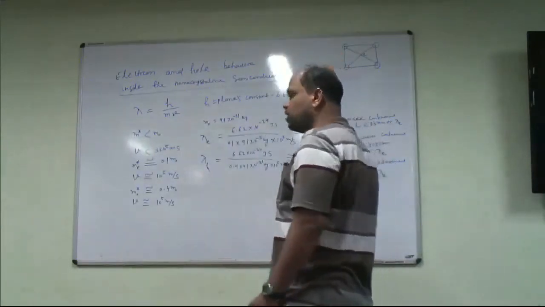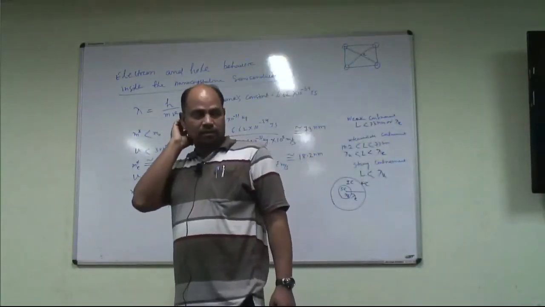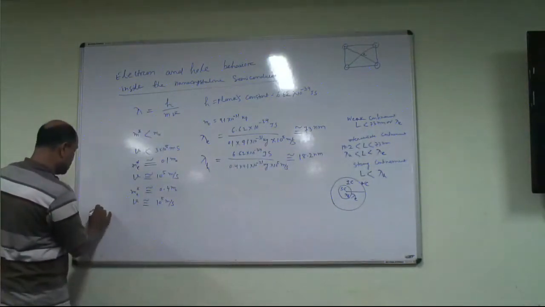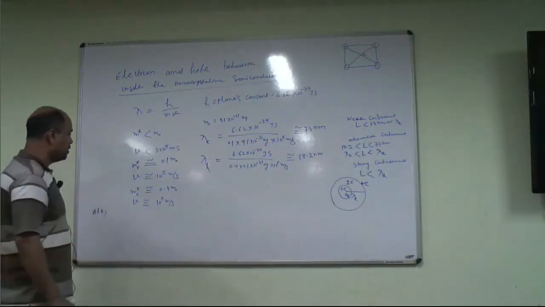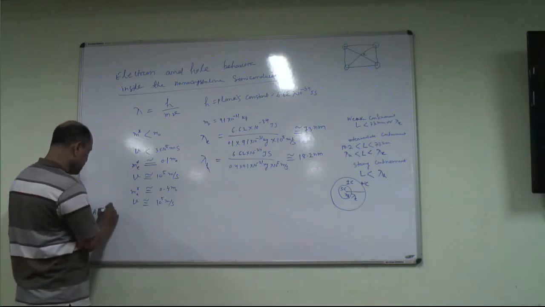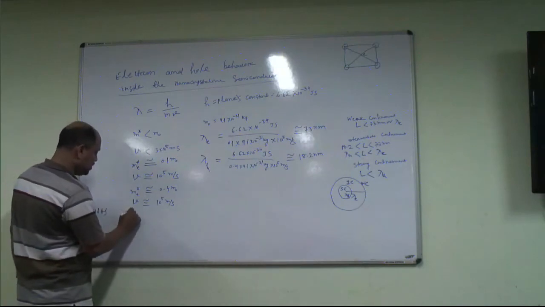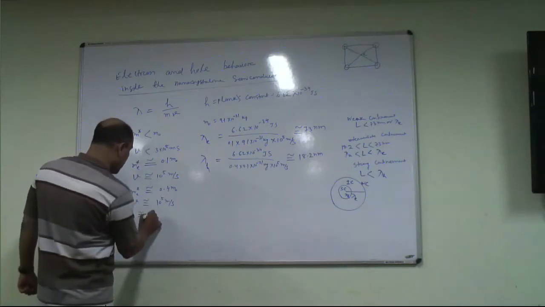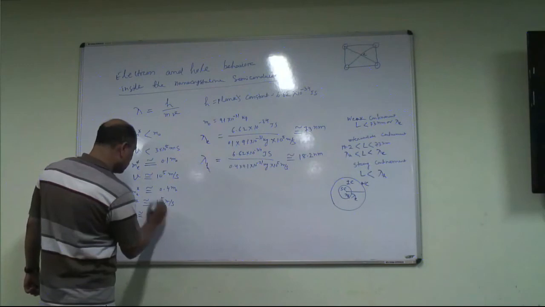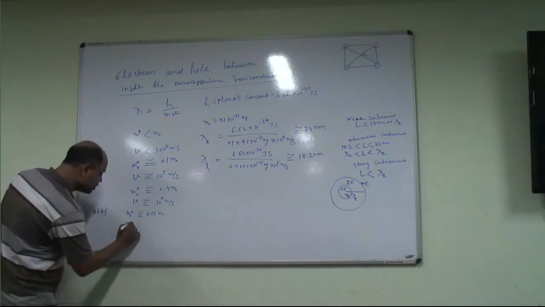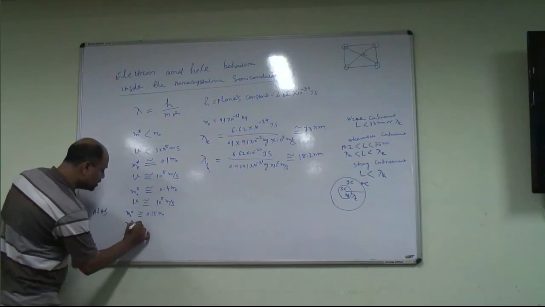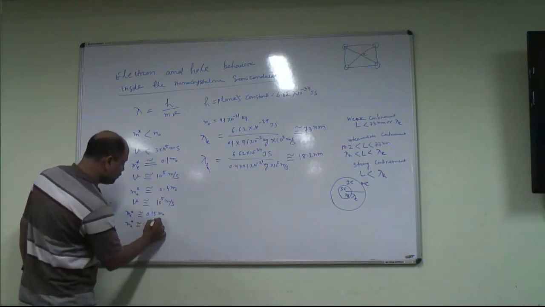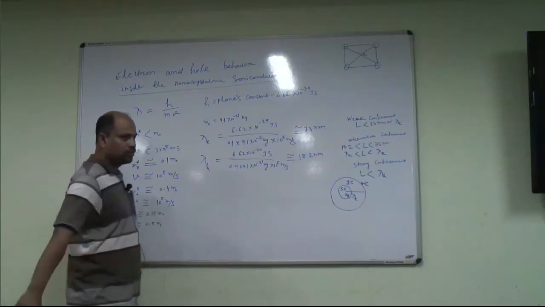So let us take one example, the material aluminum arsenide. In aluminum arsenide the effective mass of the electron is equal to 0.15 m naught, and the effective mass of the hole is nearly equal to 0.5 m naught.